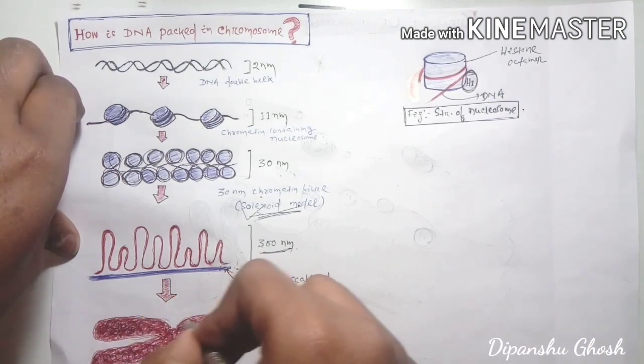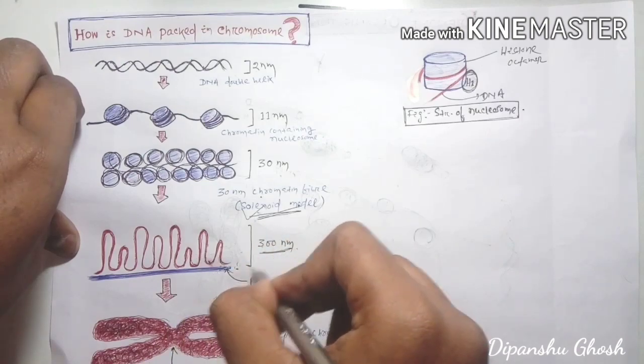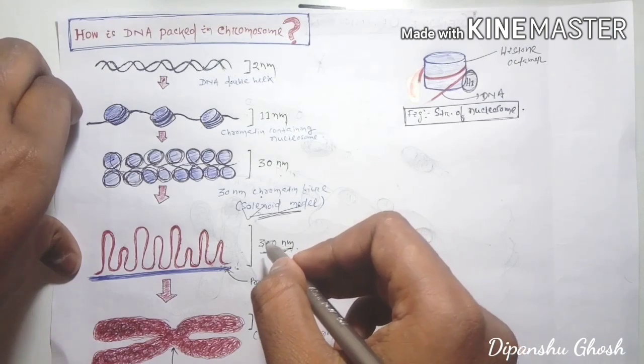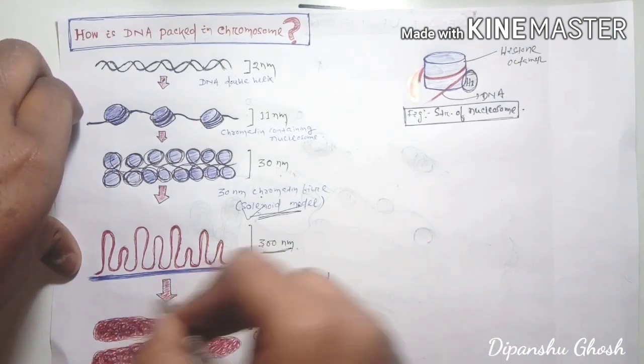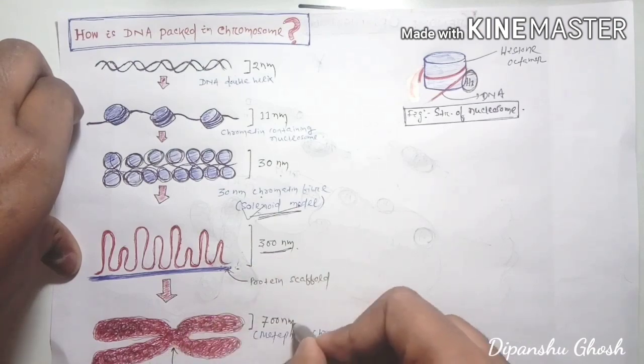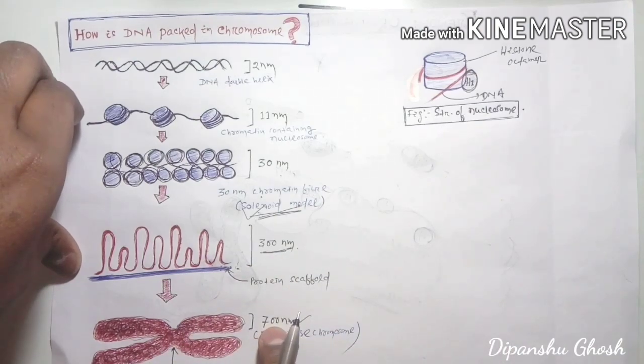These 300 nanometer chromatin fibers are much more condensed this time to form the 700 nanometer chromatin fiber, and we call this 700 nanometer fiber the metaphase chromosome.